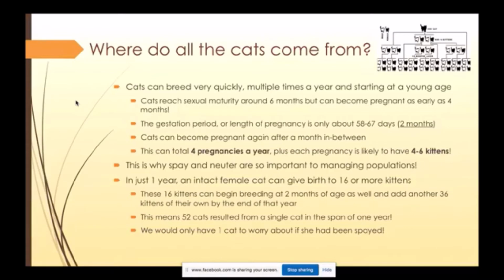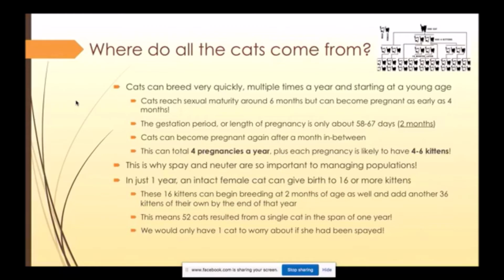And then those 16 kittens will begin breeding at, sorry, that should say 6 months of age, but it will take 2 months for each litter, and that would add another 36 kittens of their own. So the females' kittens add to the problem as well. And we would have 52 cats resulting from a single unspayed female cat in the span of 1 year.